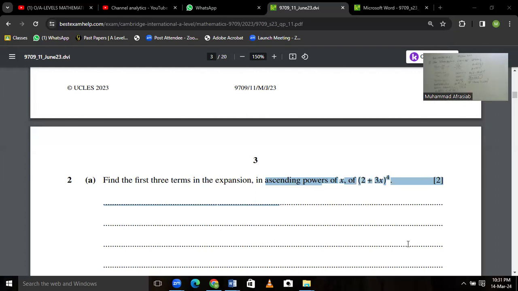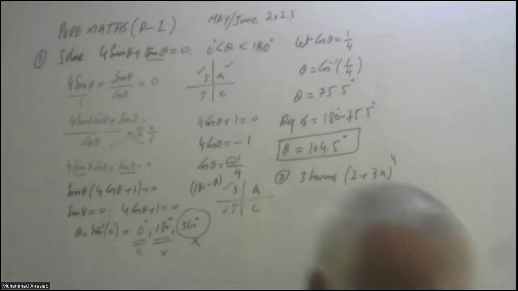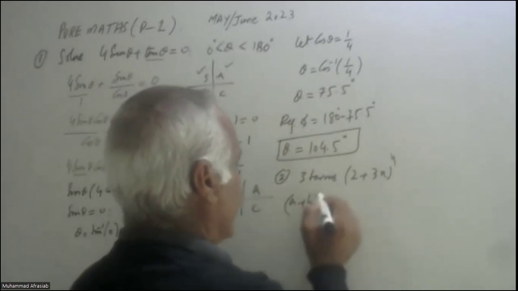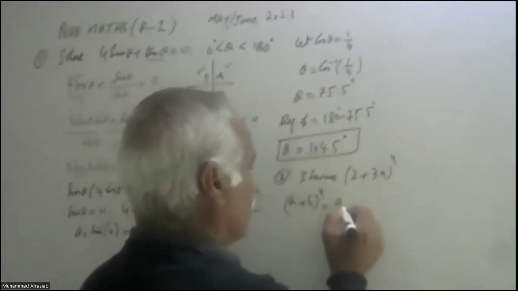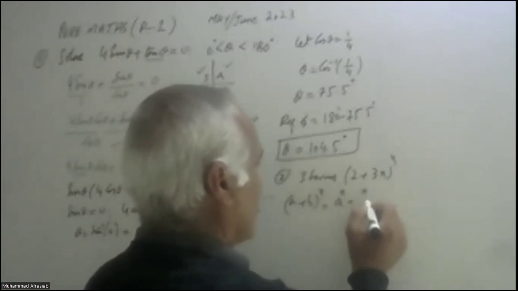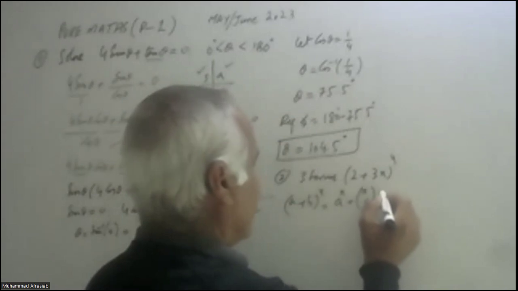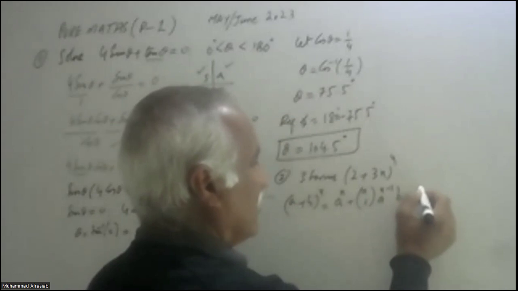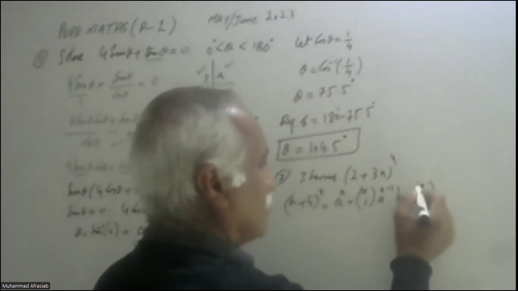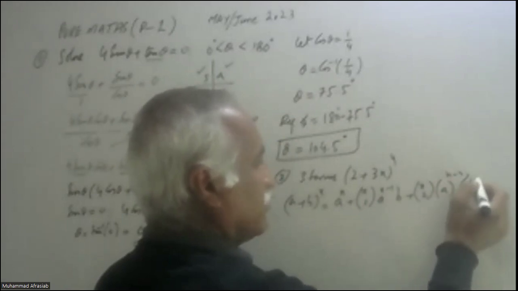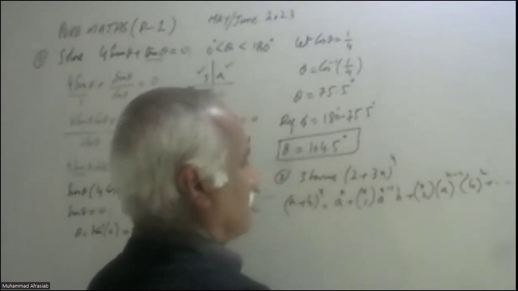We know from the binomial theorem that a plus b to the power n is basically equal to a to the power n plus nC1 a to the power n minus 1 b plus nC2 a to the power n minus 2 into b squared and so on.